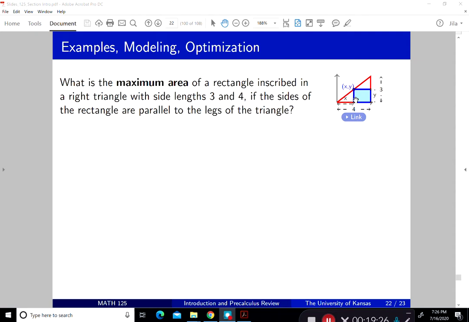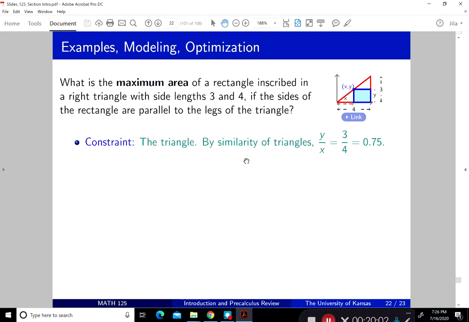The little triangle is similar to the big triangle, and that similarity gives us a relationship, a constraint between y and x, and solving that constraint, I can solve y as a function of x. Again, x is just 4 minus the length of this side of the rectangle, right here.